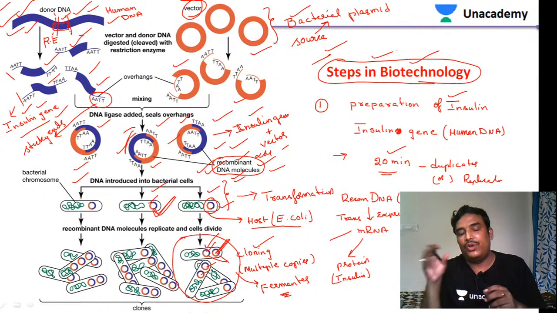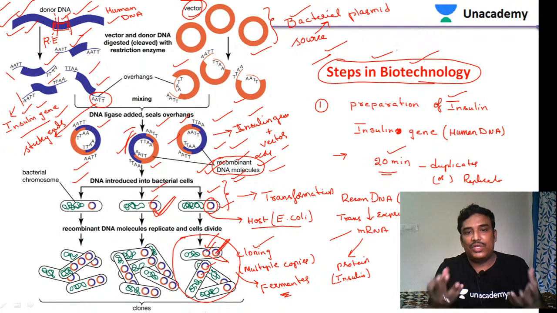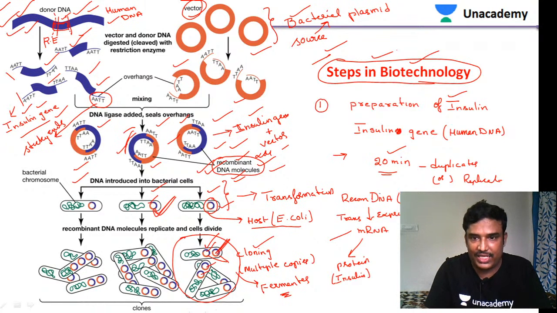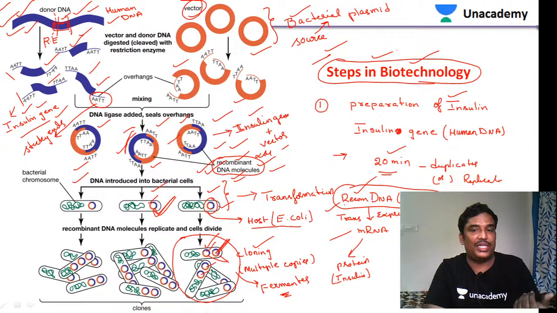So from the recombinant DNA, we want the insulin protein. Then the expression of the recombinant DNA molecule takes place. What is the meaning of expression? The recombinant DNA which has the insulin gene will undergo transcription. When transcription happens, it is converted into messenger RNA, and that messenger RNA will produce the protein.